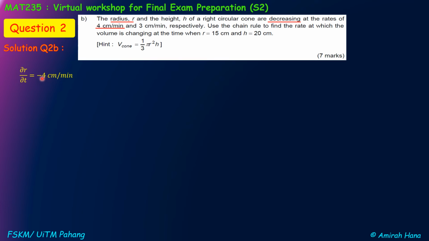So from here, we can put the symbol del r over del t. Why over del t or time? Because from the given unit here, we have minutes. Minutes means the unit for time.